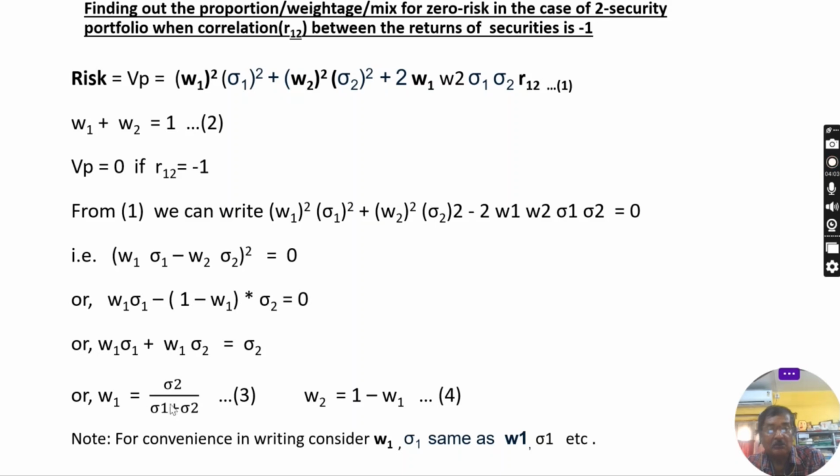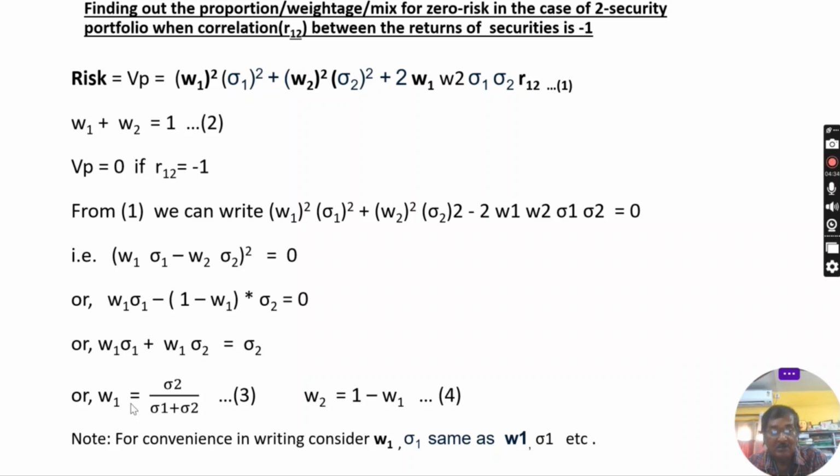Just simplify it, then you will get this expression: W1 is equal to sigma 2 divided by sigma 1 plus sigma 2, and this is the proportion. If you mix the two securities in this proportion, then the risk will be reduced to 0. That is the purpose of discussion today.